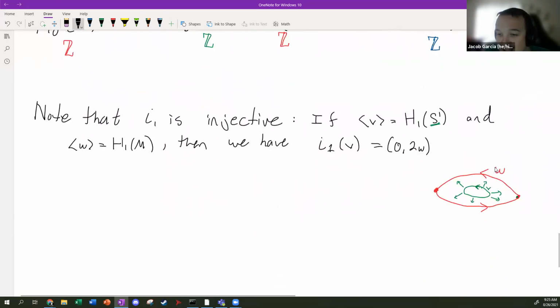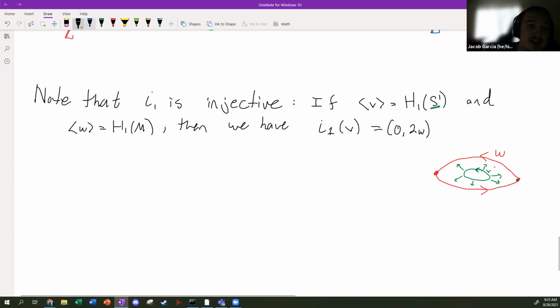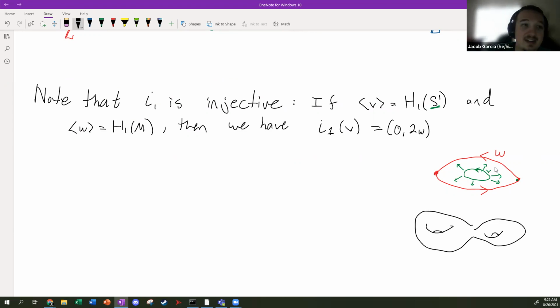Well, in the second component, I have that I'm including my boundary circle into this space. But if you read the problem again, this circle is the boundary of an entire 2-disk. So all that I can do with this circle is deformation retract it to the center of the circle.